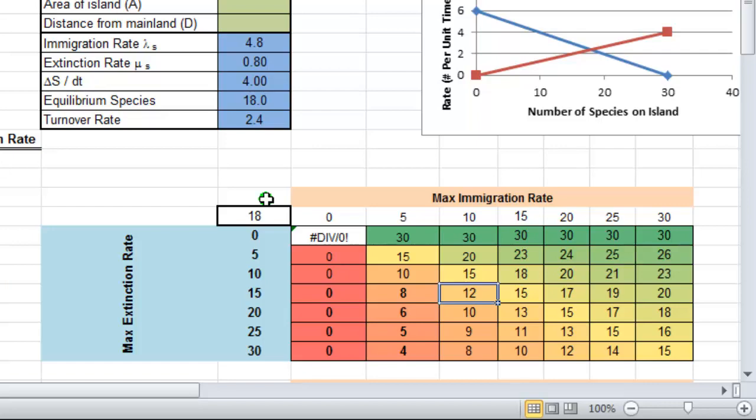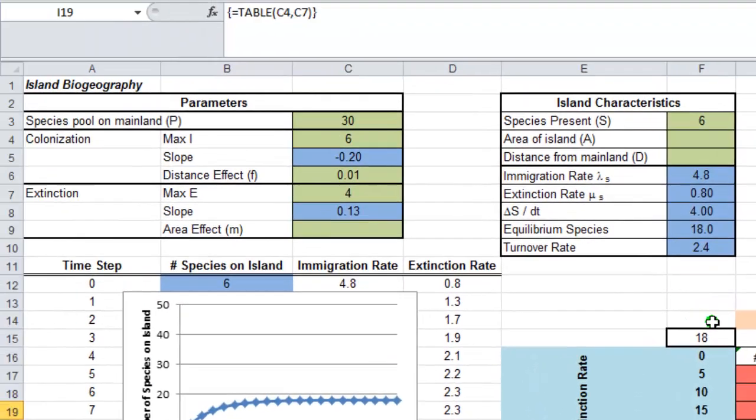Now let's change gears. One of the big adjustments that we make to this model is the incorporation of information about the area of the island and how far that island is from the main species pool. And we can enter some numbers in here.